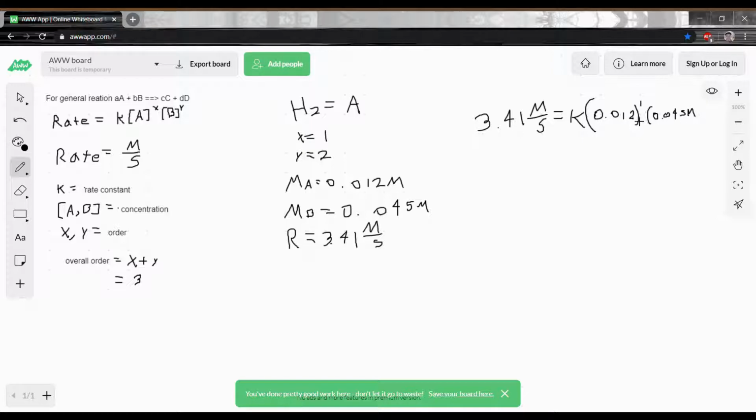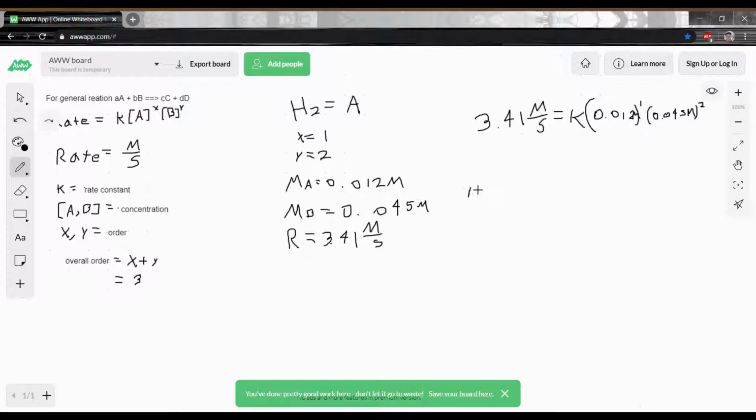Let's write in some units, molarity. The units are important to keep up with in this problem especially. This is going to be raised to the power of y, which is 2. And to solve, we're just going to divide both sides of the equation by this here.